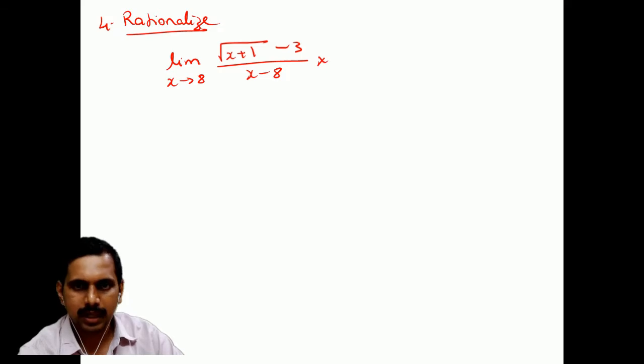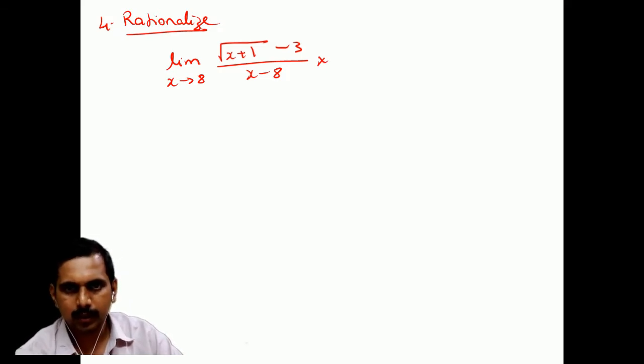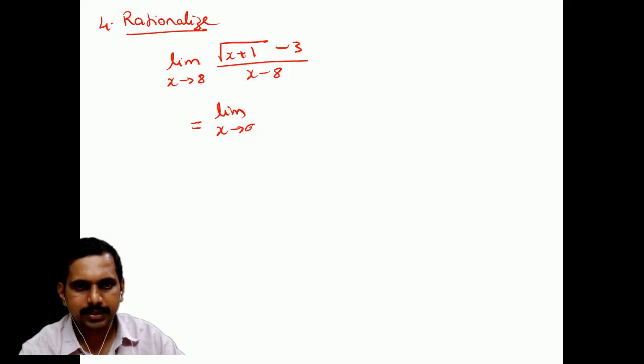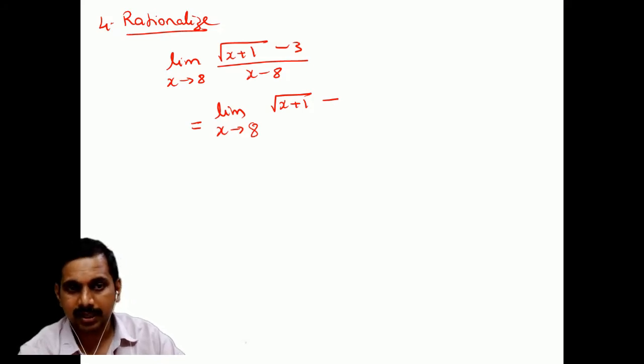This will be equal to limit x tending to 8 of square root of x plus 1 minus 3, divided by x minus 8. First of all, let us try substitution.